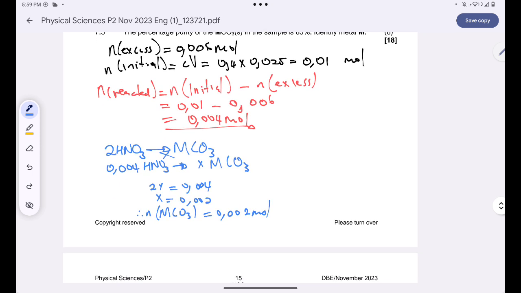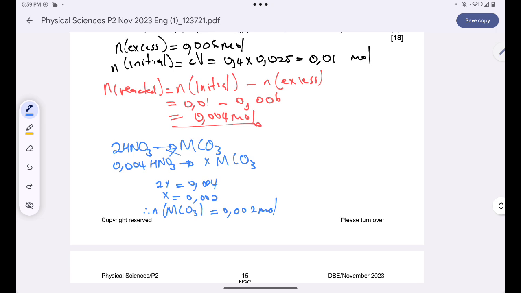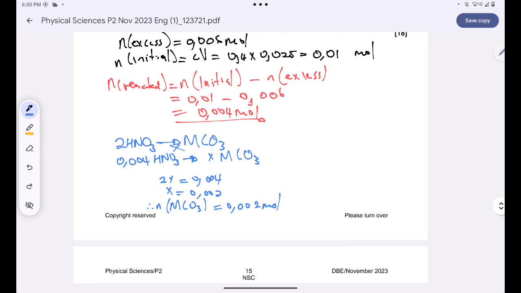For me to find metal M, I'm given the percentage purity, right? So for the percentage purity, guys, you can use the mass of your substance, or the number of moles of your substance.